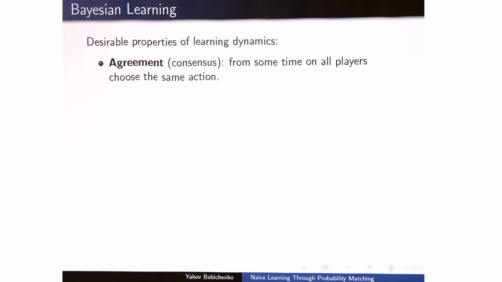What are the desirable properties that we want in learning? Agreement, which means players essentially do the same thing, is that from some time on, remember we have just two actions, players will play the same action. Learning will mean that this displayed action will also be the correct action. Remember the states are binary and the actions are binary. So learning will mean that from some time on, if the state is 1, they all will play 1. If the state is 0, they all will play 0.